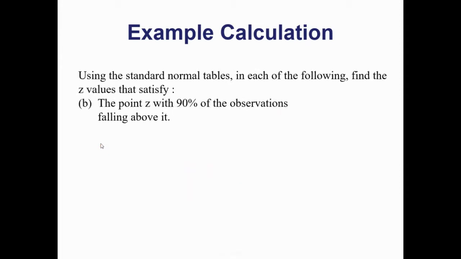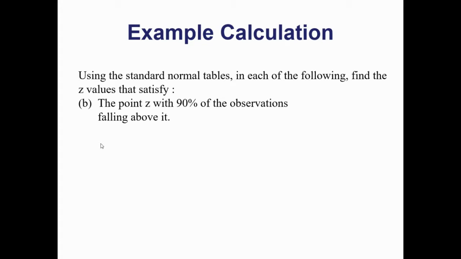Okay, let's look at B. So B asks us to find the point Z with 90% of the observations being above it. Does our table give us the values above something? No, what does it do?